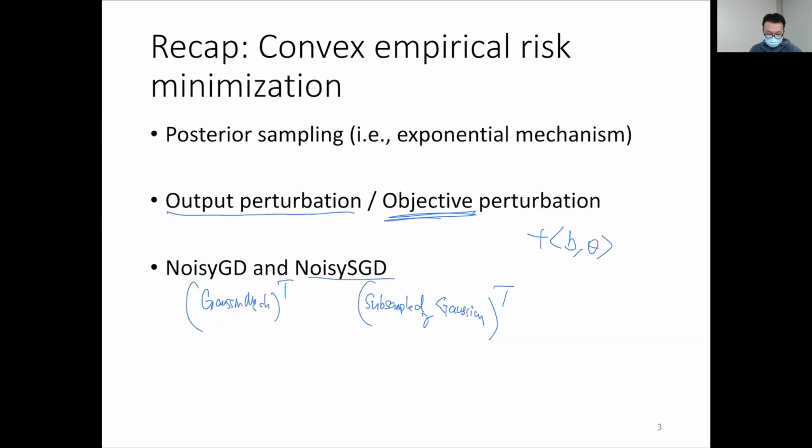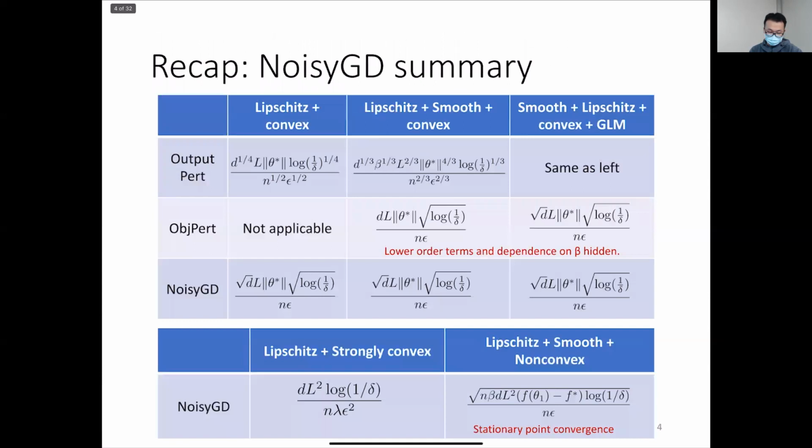The regime for them to be optimal is when you add large noise in every iteration, make the learning rate very small, and also make the number of iterations proportionally larger. That's what we learned about noisy gradient descent and noisy stochastic gradient descent, and their comparisons are shown in this figure, which we went over extensively in the last lecture.